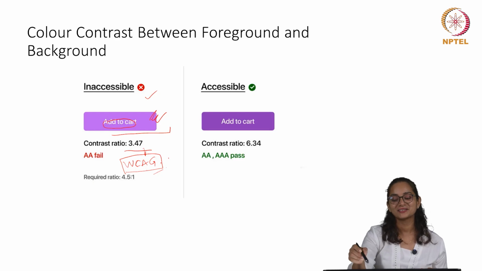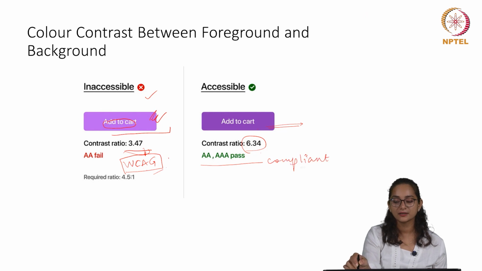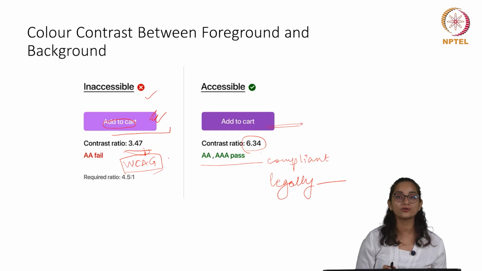Or we just let it be like that. But here, with a slight change of color, aesthetically they look roughly the same, but the contrast ratio is almost double, and now it is compliant with the guidelines, and thus legally passing your mandates and not getting fined for it.